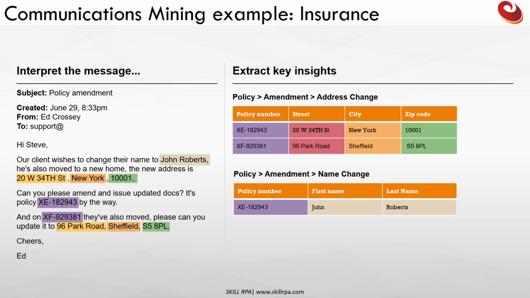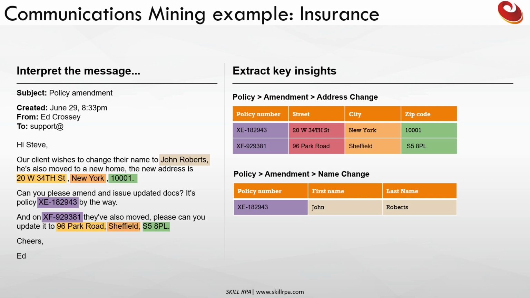Whatever messages are coming to the insurance company will be taken into UiPath communications mining, and it will try to understand the intent, the type of request they are asking, and also extract the information from there as well.